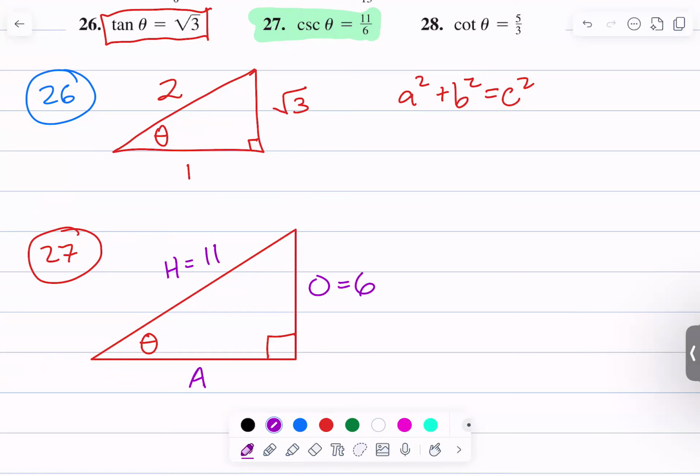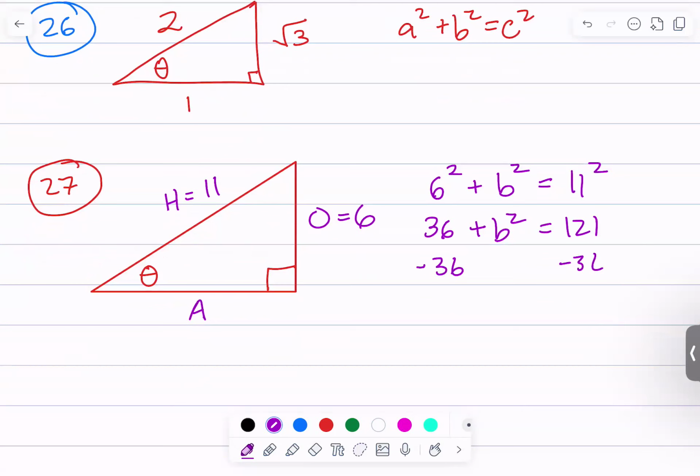Correct? In this case, we do need our Pythagorean theorem to figure out that last side. So 6 squared plus b squared equals 11 squared. How do I know 11 is my hypotenuse? Because it's opposite the 90 degrees. It's always going to be opposite the 90 degrees. So that's 36 plus b squared equals 121.